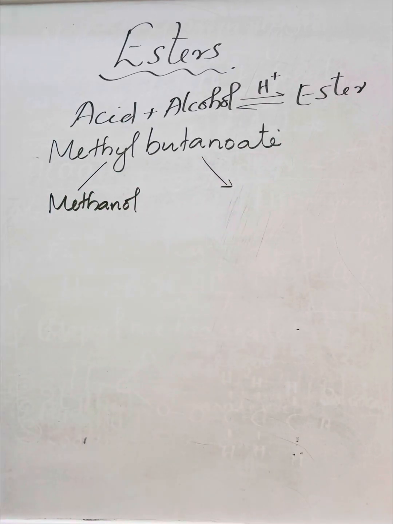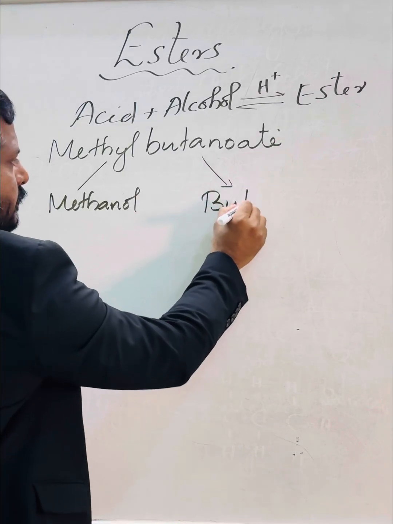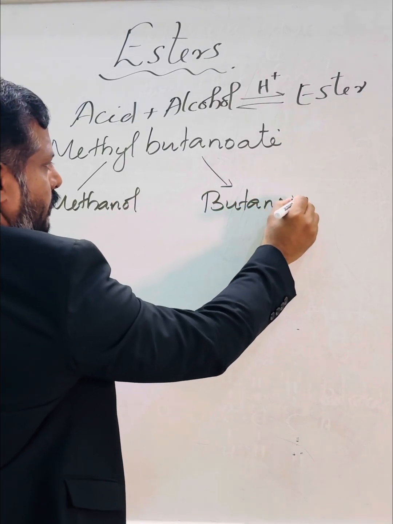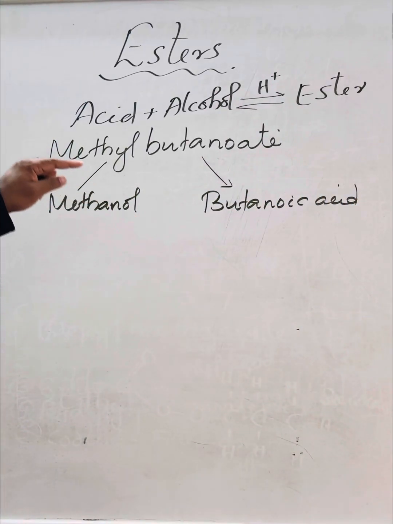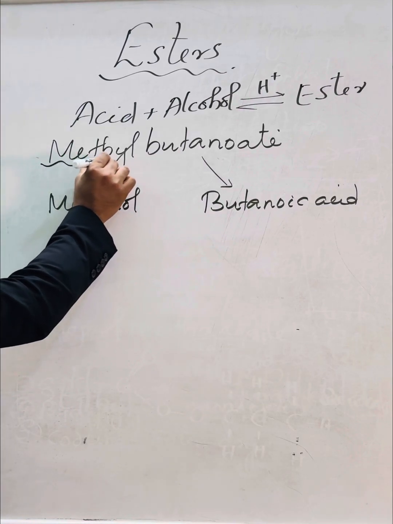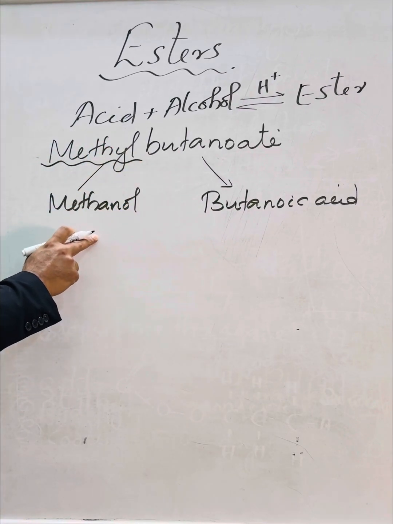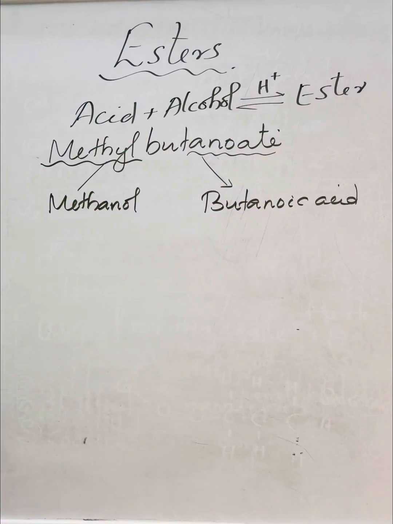Which acid do we use? Butanoic acid. See how I find the alcohol and acid from the ester name. The first part, methyl, gives methanol; butanoate gives butanoic acid.